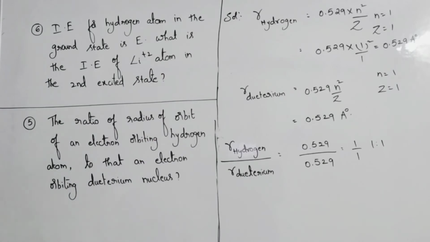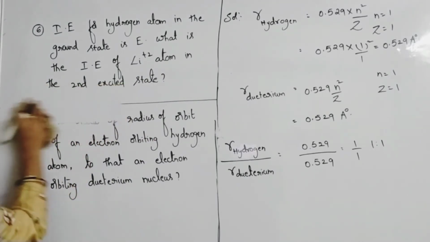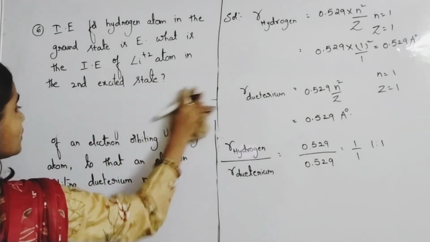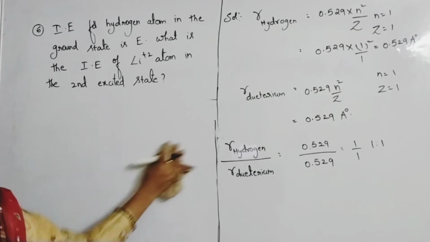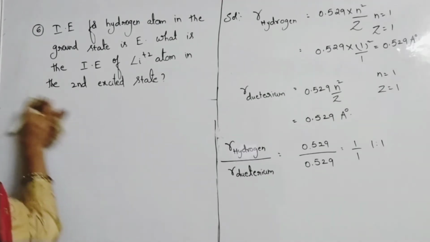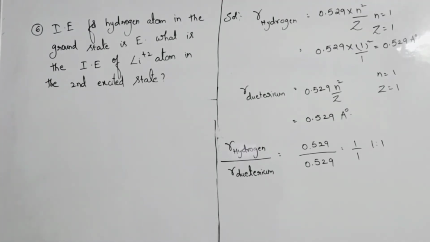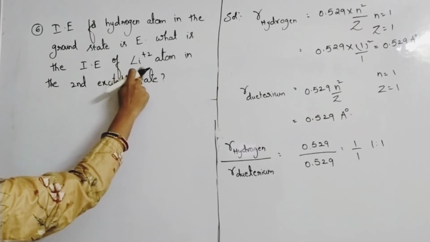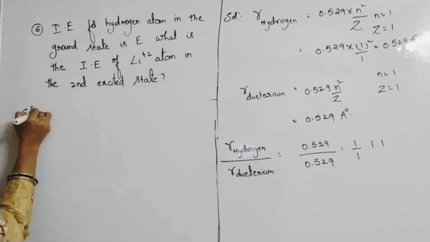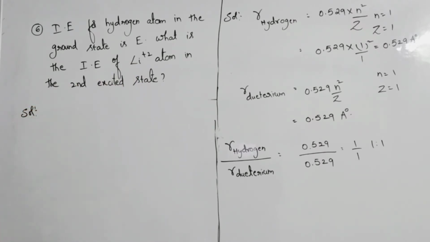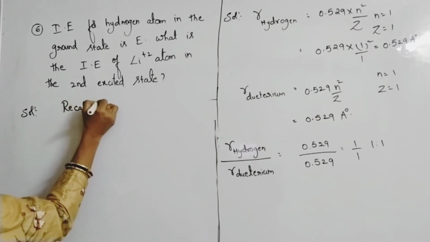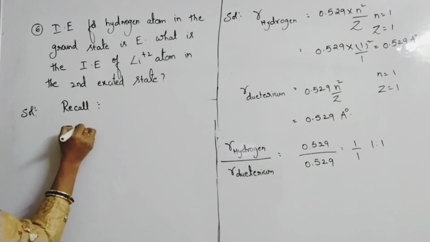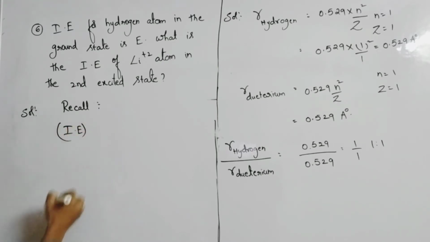Ionization energy of hydrogen atom in the ground state is given as E. In the ground state its value is given as capital E. Now the question is to find the ionization energy of Li plus 2 ion. You recall the formula for ionization energy of H-like species, hydrogen-like species.